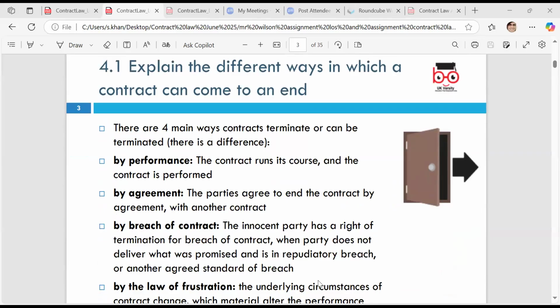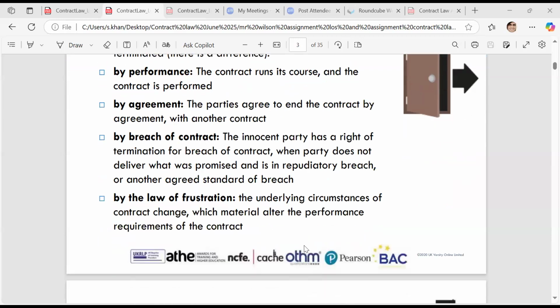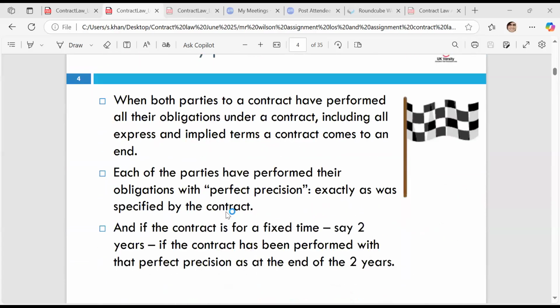By agreement, this is where parties can mutually agree to terminate their contractual obligations. By a breach of contract, this is where the innocent party has the right to terminate the contract, and by the law of frustration as well. So termination by performance is where both parties have fully completed their obligations and the contract is discharged.